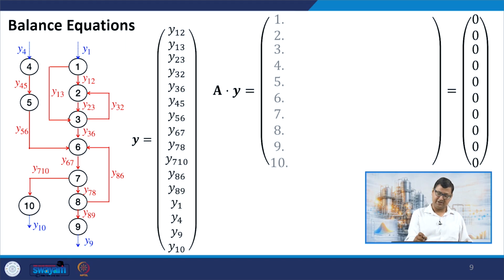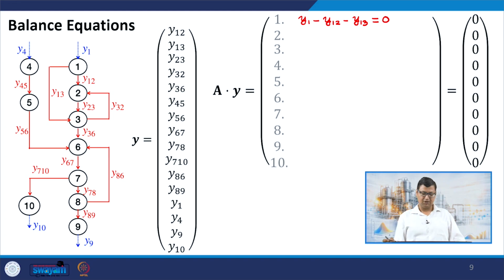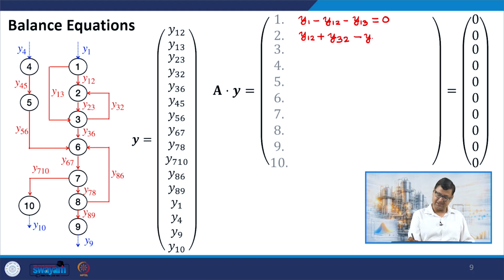So, for vertex 1, you can see it is y1 minus y12 minus y13 is equal to 0. For vertex 2, we are going to have y12 plus y32, there are two incoming edges, minus 1 outgoing, y23, is equal to 0.